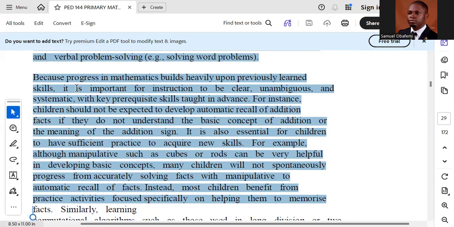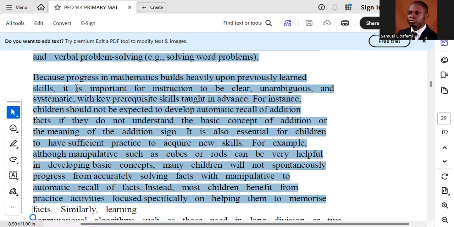What are we trying to say there? Now, let's take an example. The first time you ask a child what is 3 plus 4, there's a tendency that the child will start counting on their fingers.